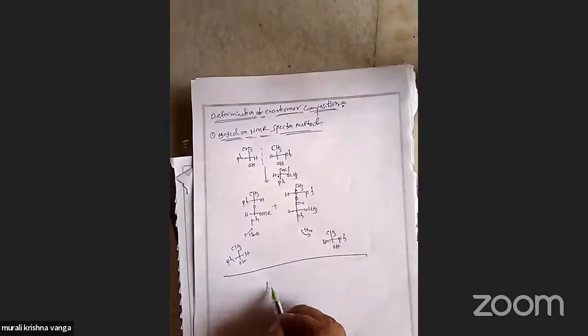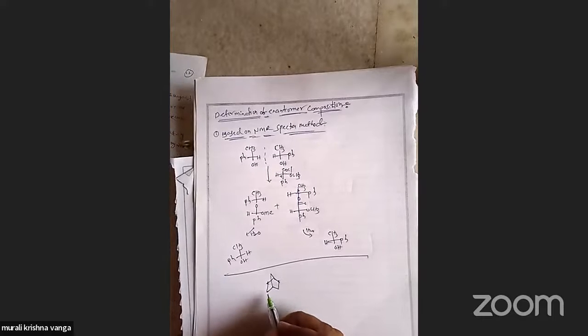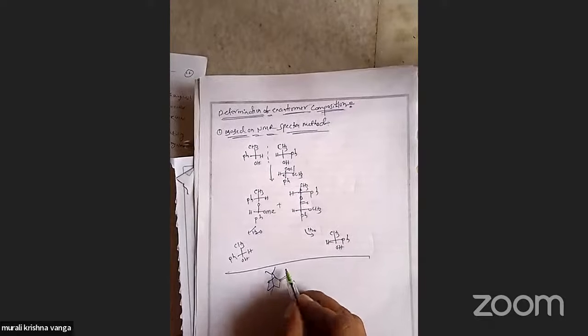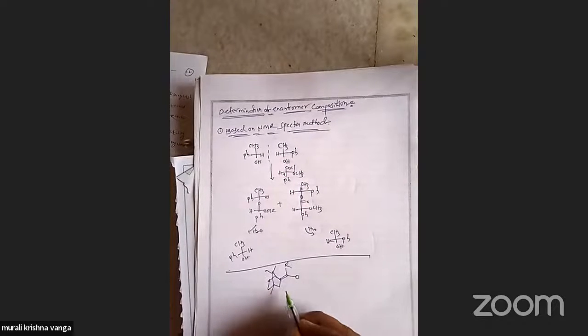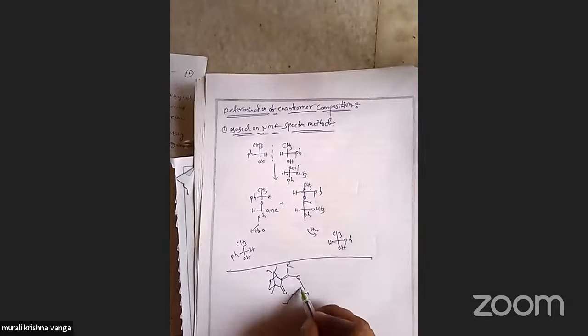Examples of such metals are europium, praseodymium, ytterbium, etc. Like this, we can separate the enantiomers.